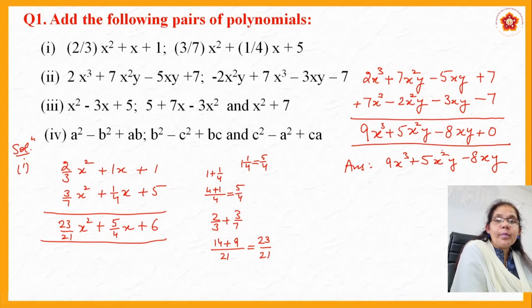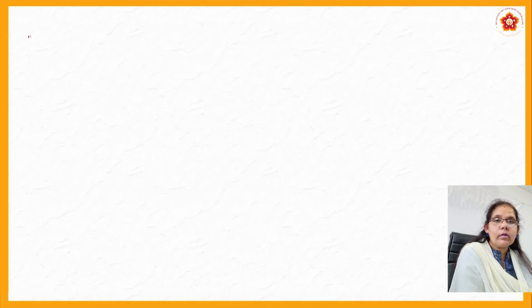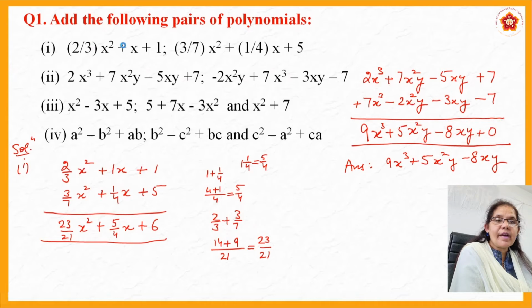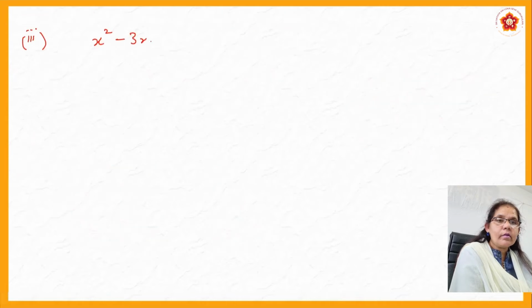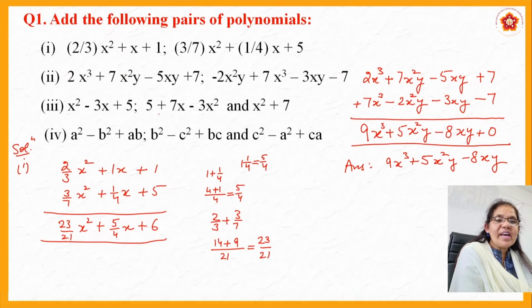Look at third part. Now there are 3 polynomials given out here. Let's solve them. X square minus 3x plus 5. Second term is 5 plus 7x minus 3x square.